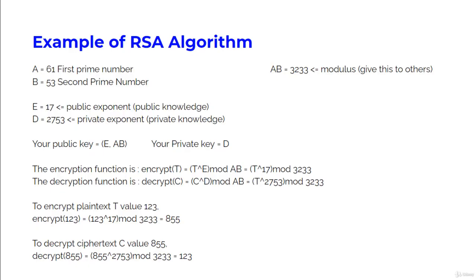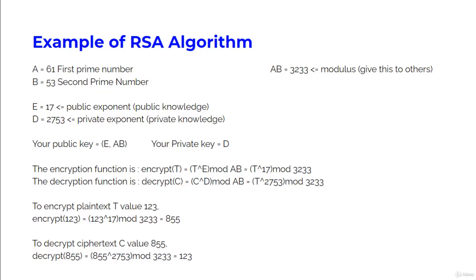Your public key will be E, ab, which will be accessible to everyone, and your private key is equal to D. Consider T as the plain text and C as the ciphertext. Therefore, the encryption function will be T raised to E mod ab, which is T raised to 17 mod 3233, and the decryption function will be C raised to D mod ab, that is C raised to 2753 mod 3233.